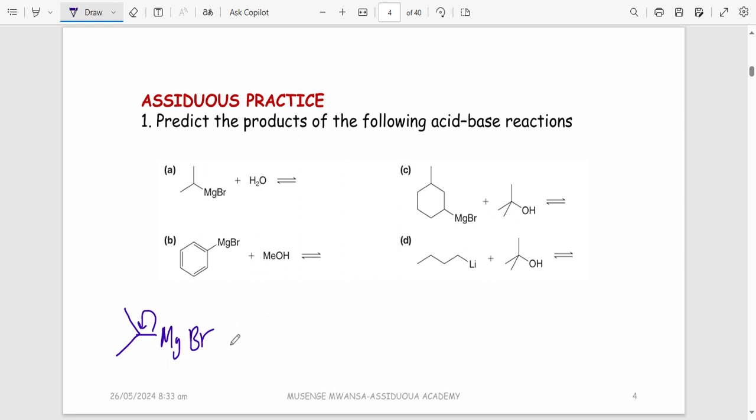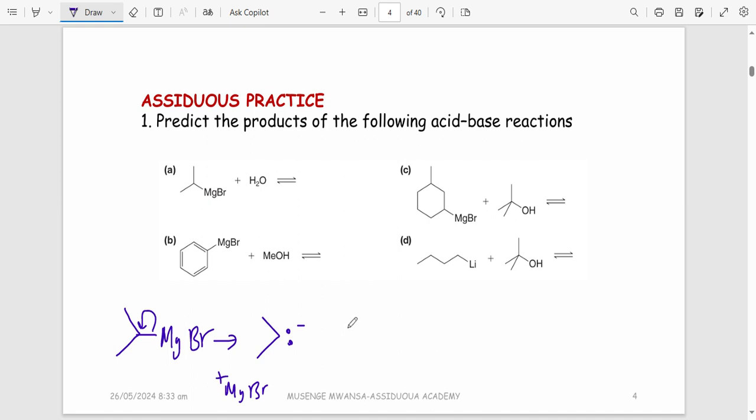The carbon takes the two electrons. Then you are going to have this. Carbon is now negatively charged. And then another product you have is MgBr, which is going to be positively charged. Now you have formed your carbanion. It is going to act as a nucleophile.